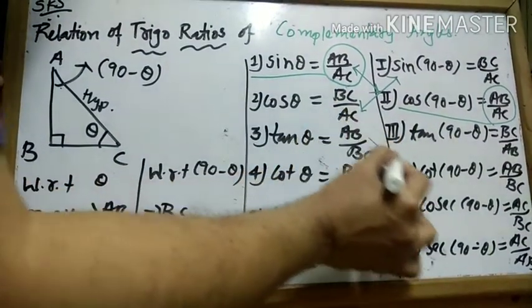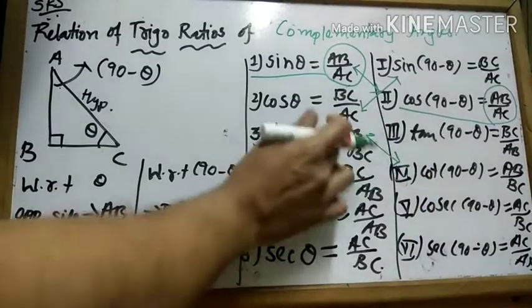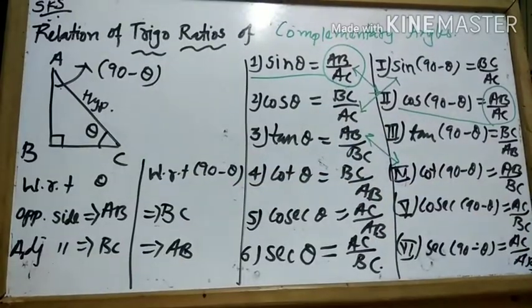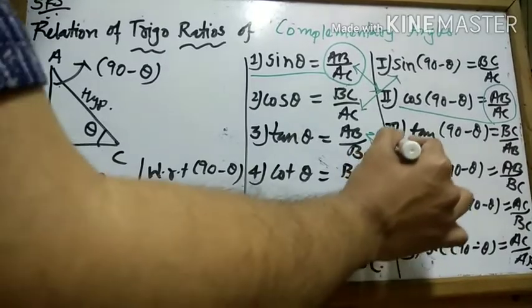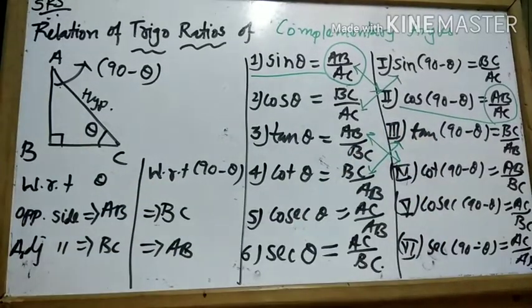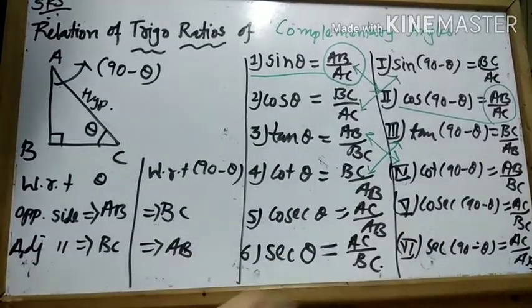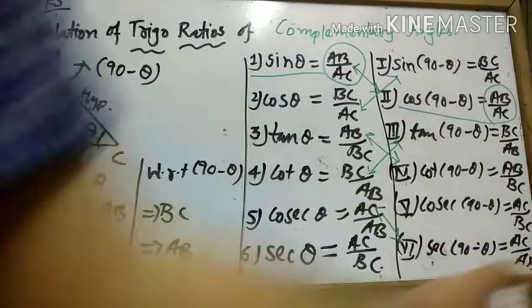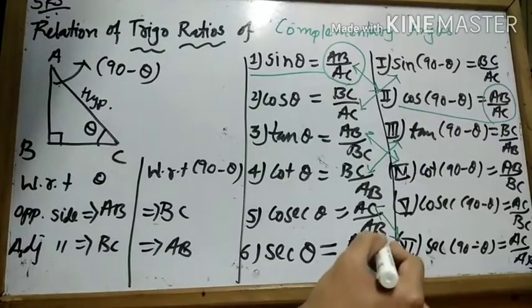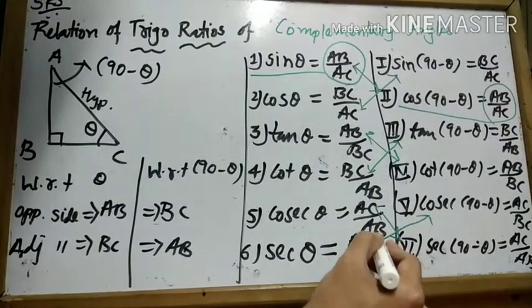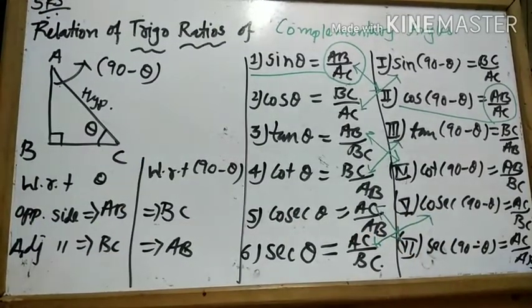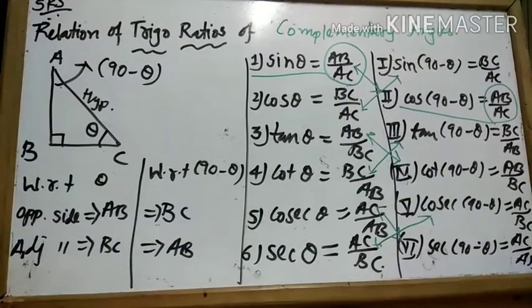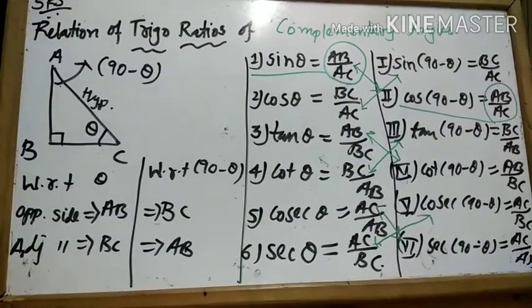If you see here, these two ratios are the same, AB upon BC, AB upon BC. Here AC upon AB, AC upon AB. Here AC upon BC, here is AC upon BC. So out of these 12 ratios, we can conclude 6 things.